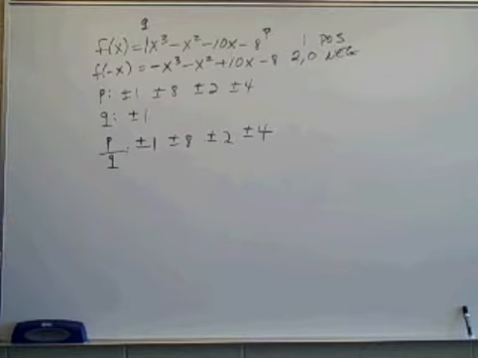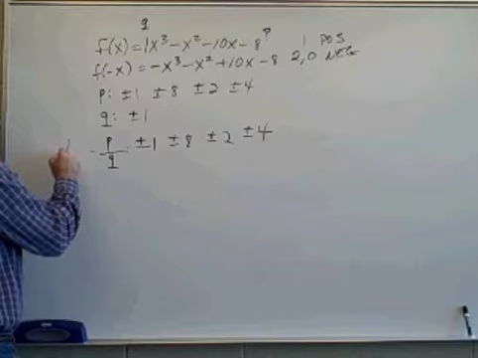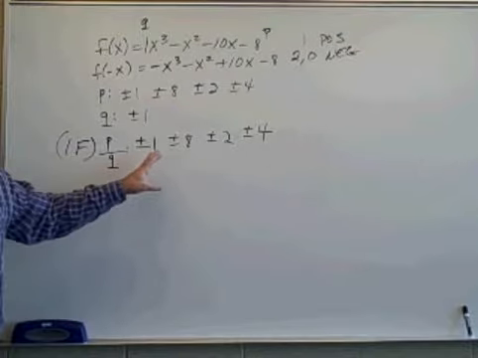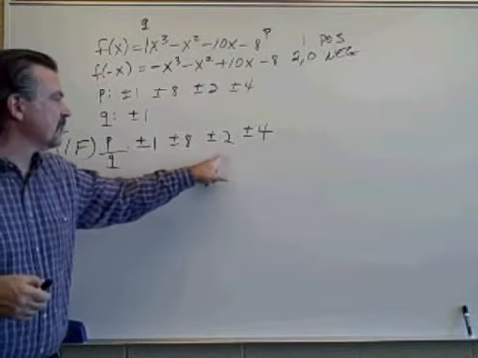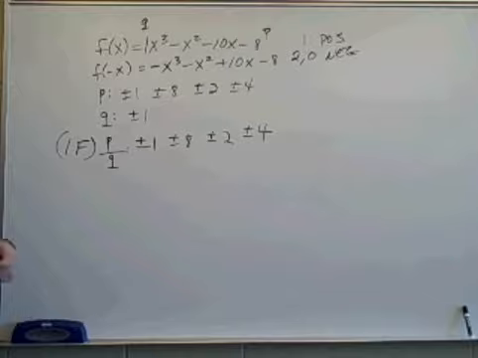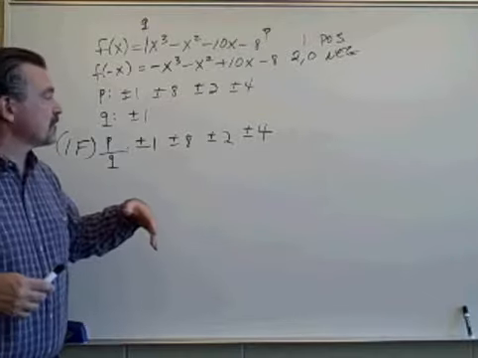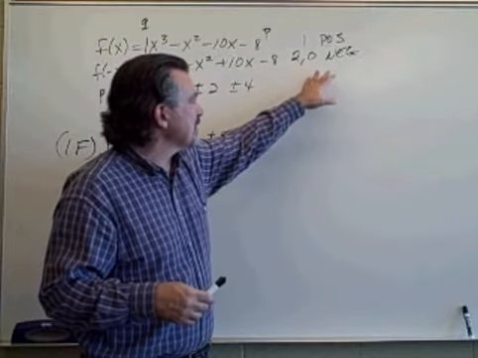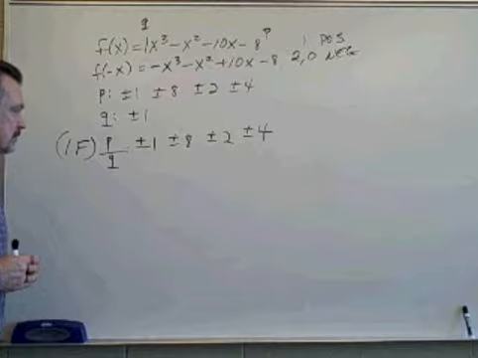So, there's no guarantee, but the rational zeros theorem tells us that if we have any rational zeros, they have to come from this set of numbers. And Descartes told us that there'll either be 2 or no negatives, and there'll be 1 positive.